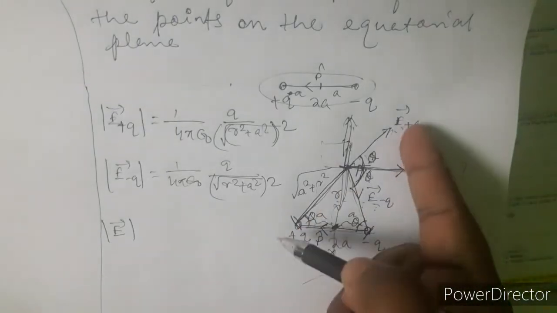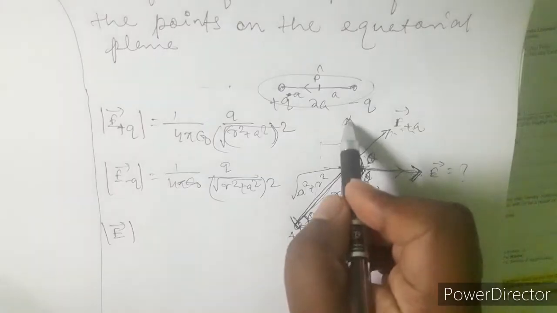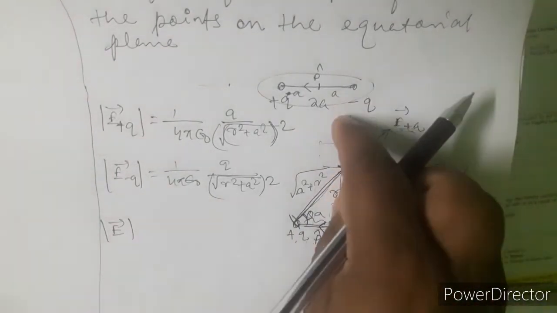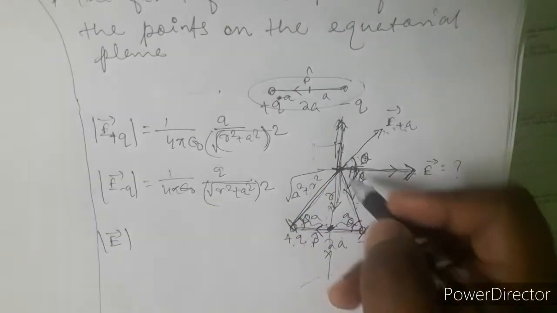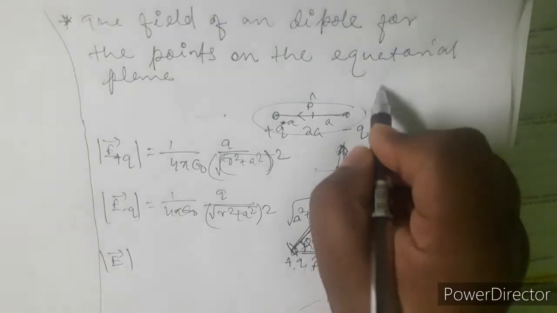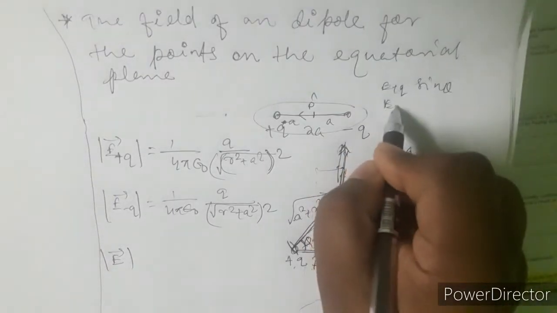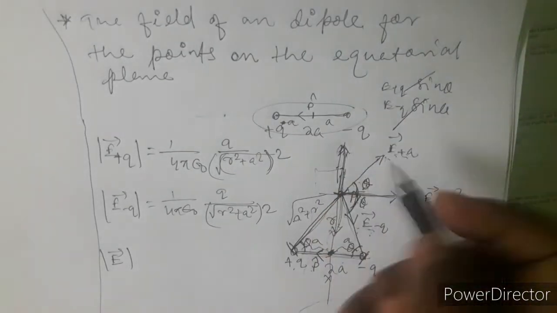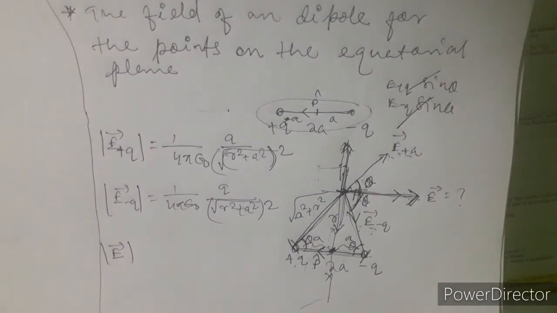But as E plus Q and E minus Q magnitudes are the same, E plus Q sin theta and E minus Q sin theta both will cancel each other, because they are acting on the same point and are opposite in direction.